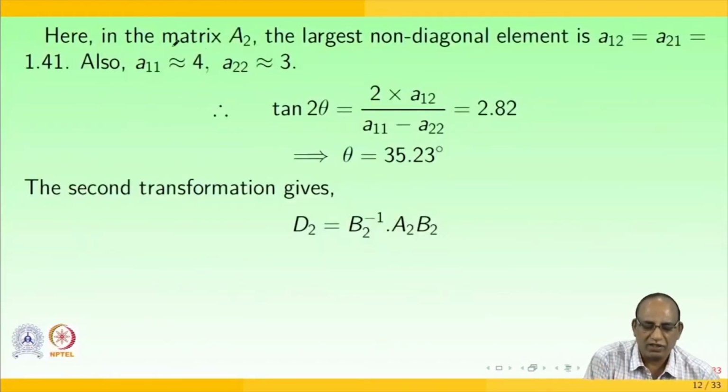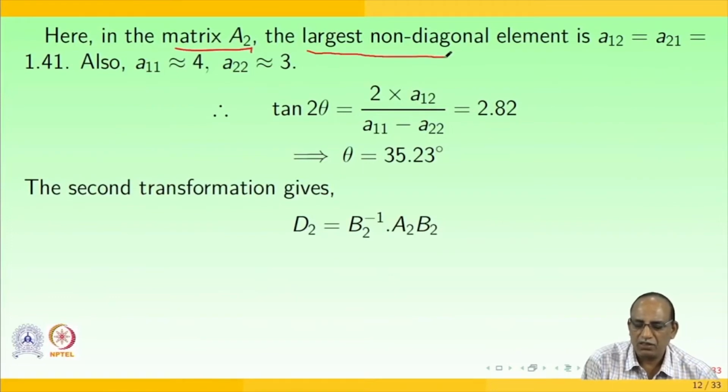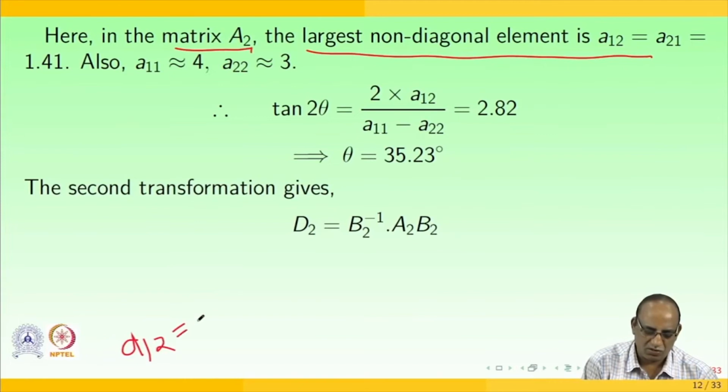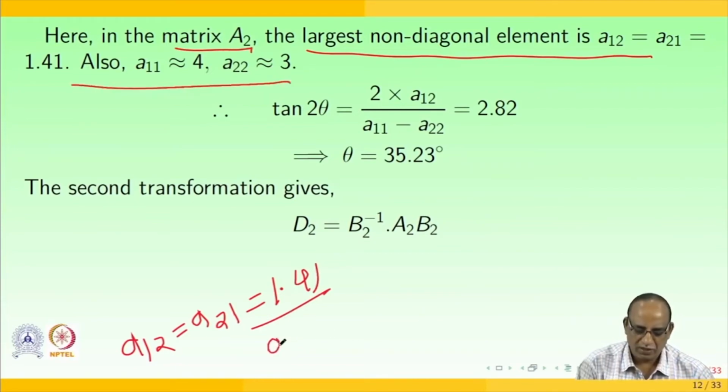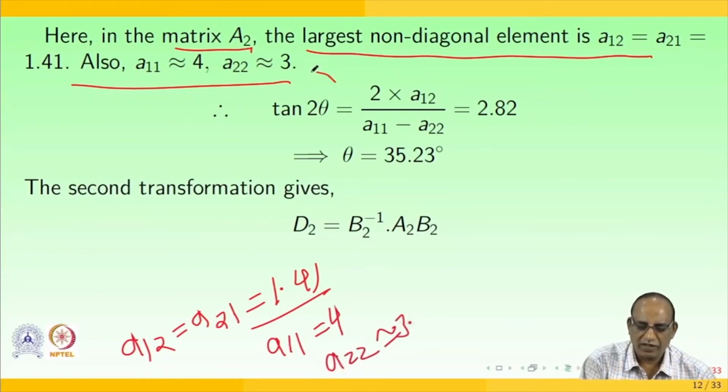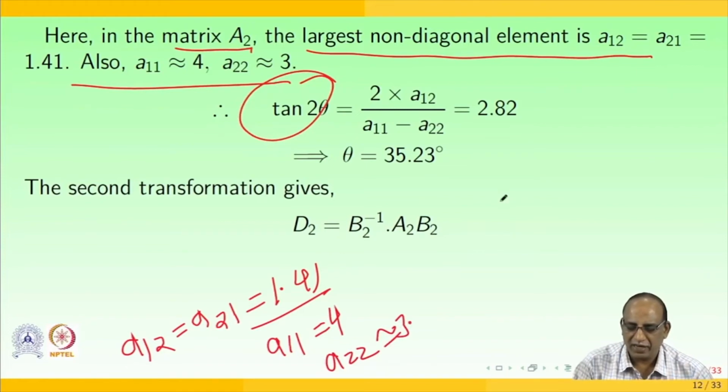Here in the matrix A2, the largest non-diagonal element is A12 is equal to A21 is equal to 1.41. Also we see A11 is 4, A22 is 3. So we can write tan theta the way we did earlier.